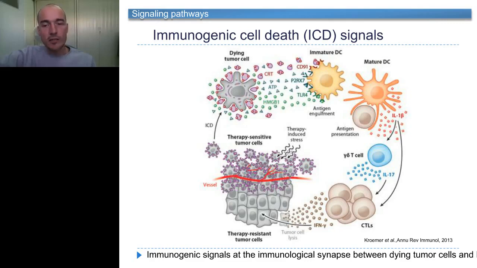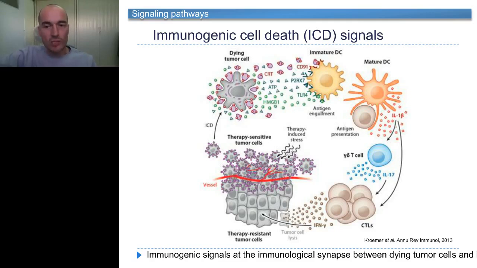These signals are now perceived by the dendritic cells of the immune system by specific receptors. Calreticulin binds to most likely CD91 on dendritic cells, ATP ligates purinergic receptors of the P2RX7 type, and HMGB1 binds to TLR4 on dendritic cells.